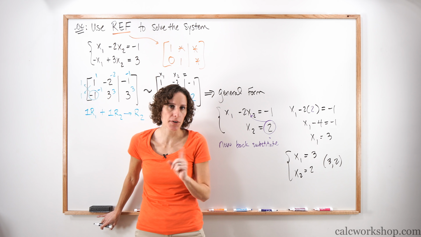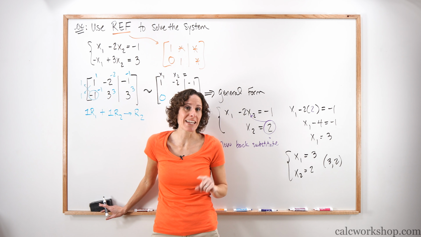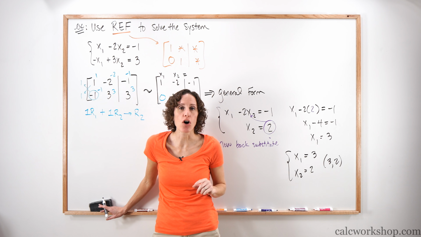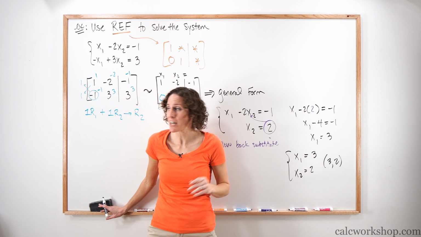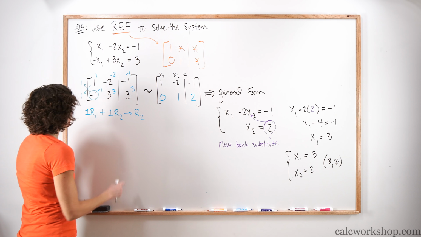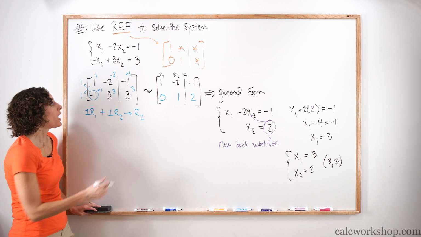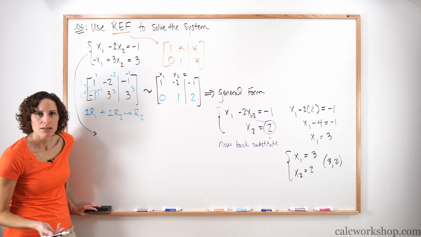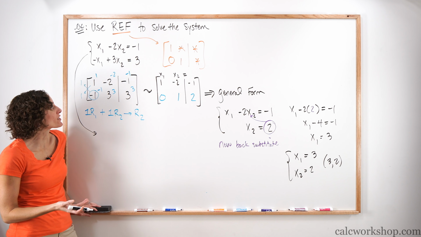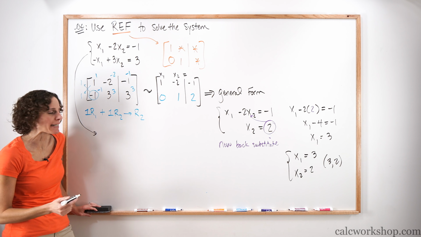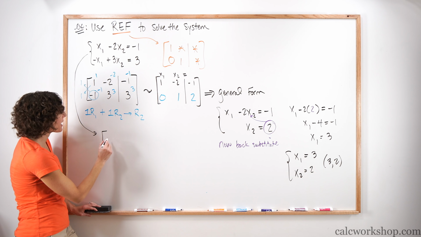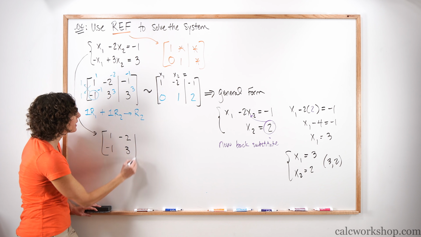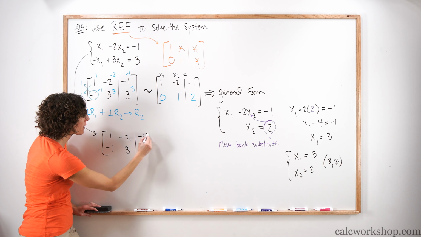And here's something that's very, very important for you to know. With REF, there are an infinite number of possibilities on how to solve. Because what was stopping me from saying, I don't like the way it's written? I could have said, well, why did that top equation come first and the second equation come second? What happens if we had 1, -1, and then -2, 3, and then -1, 3?